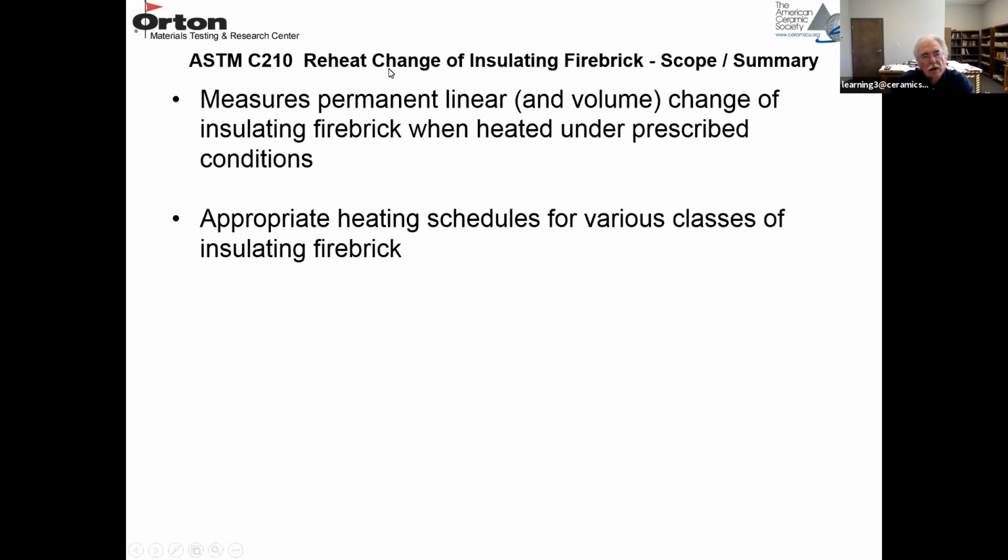We've been talking about a reheat change. Well, C210, this test, is the reheat change for an IFB. It measures the permanent linear and also volume change of an IFB when heated under a prescribed condition. And there are heating schedules for each different class of insulating firebrick.